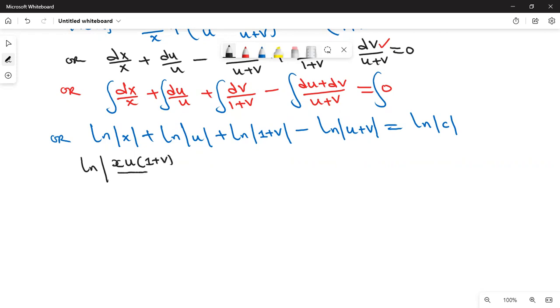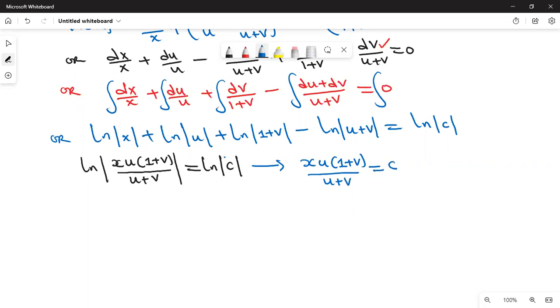When you're subtracting, you divide u plus v. That's what we have on the left is equals to ln c. When you take exponential on both sides, we are going to get x into u times 1 plus v over u plus v is equals to a constant c.